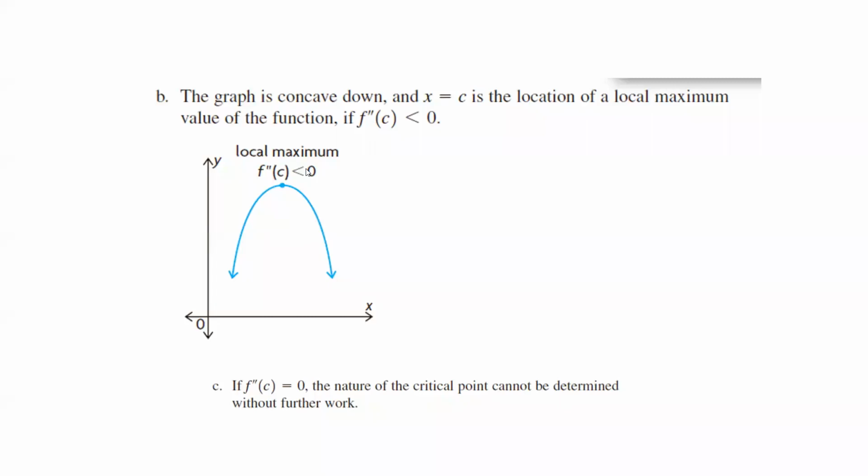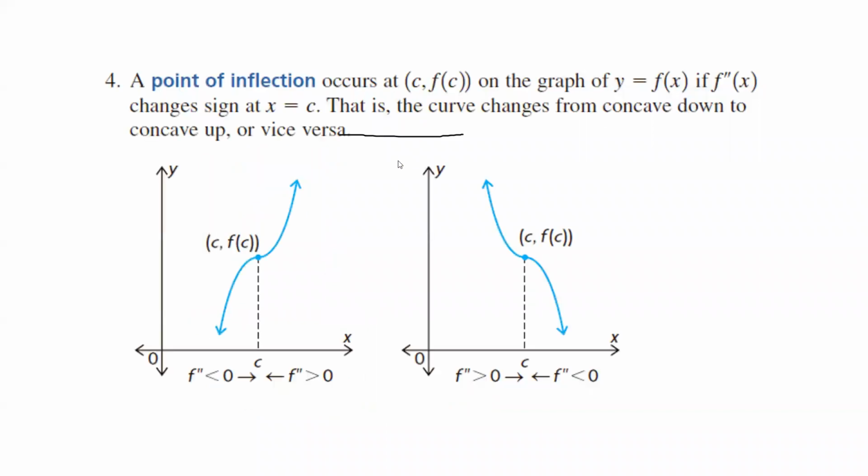About a local maximum, you can see that in this case, the second derivative is negative. Make sense? But if the second derivative equals zero, the nature of the critical point cannot be determined without further work. And this is the most interesting part of it: a point of inflection, you see?